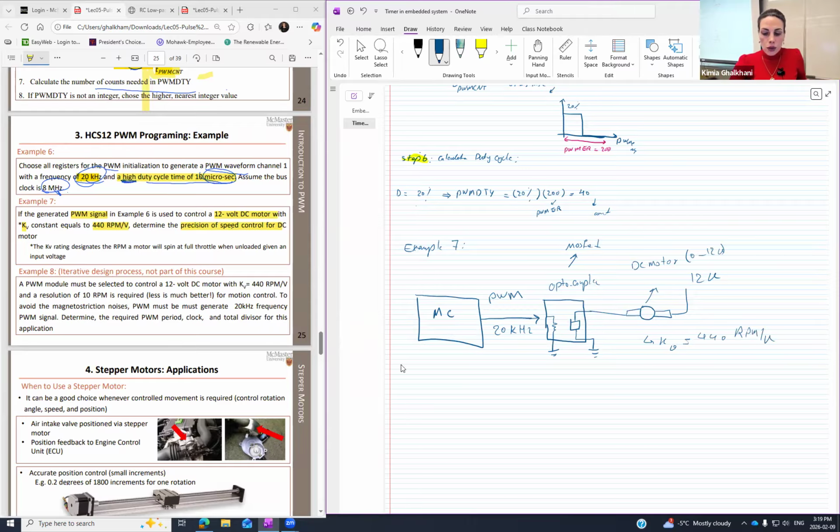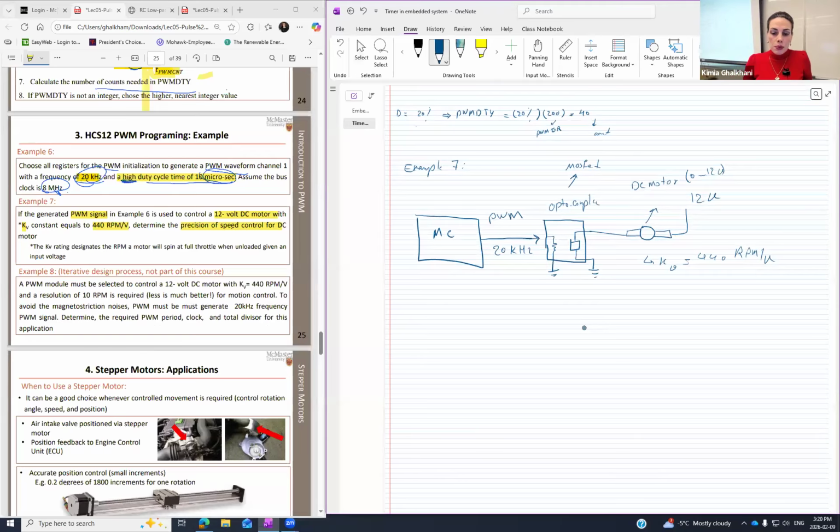Remember, for the microcontroller, I said it before and I repeat, the minimum and maximum are also given: 0 to 5. This is the max. In some microcontrollers it is 3.5, but the one that we have in the lab is 5.